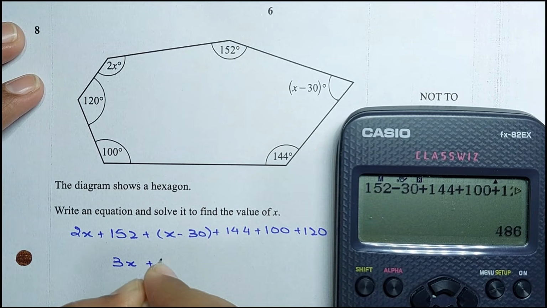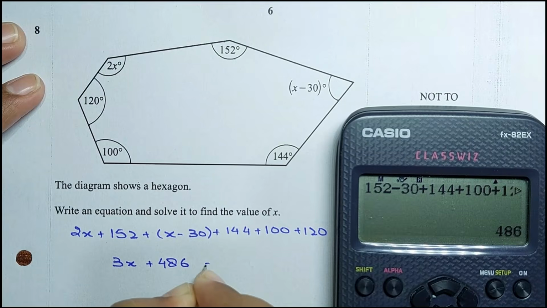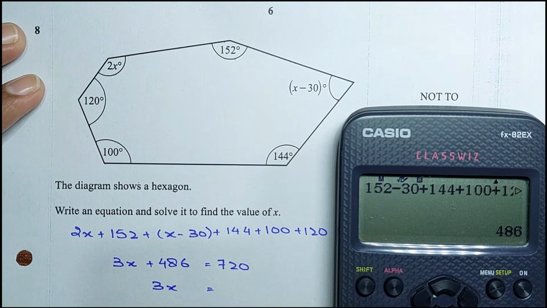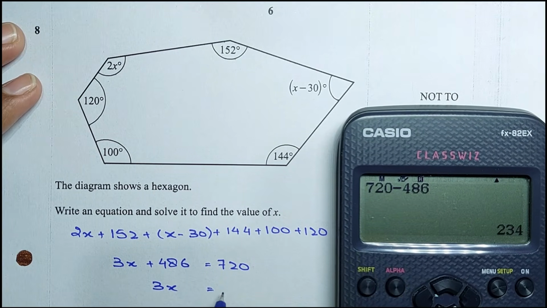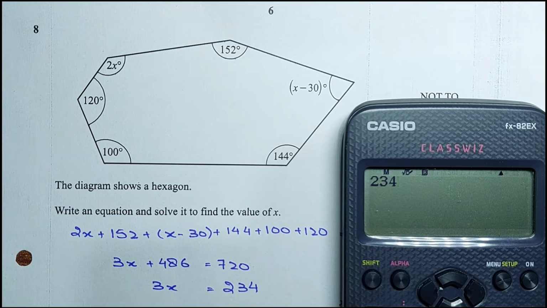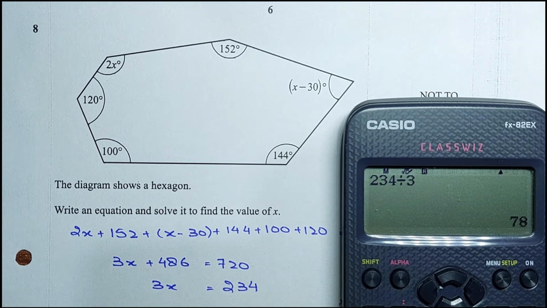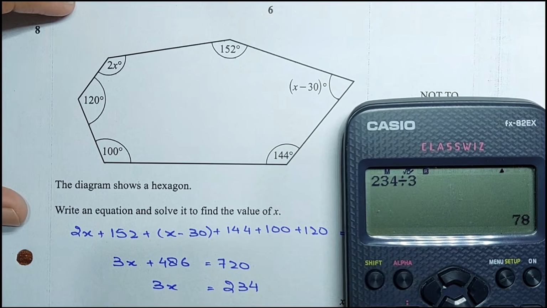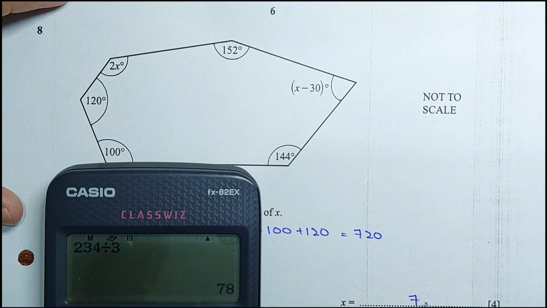This adds up to 486 and 720. So 3x is equal to 720 minus 486. This is 234. Now 234 divided by 3 is 78. So x is 78. All right, x value 78.